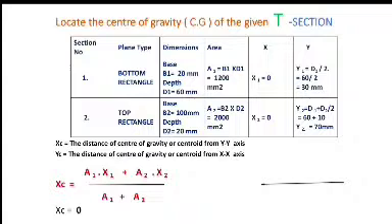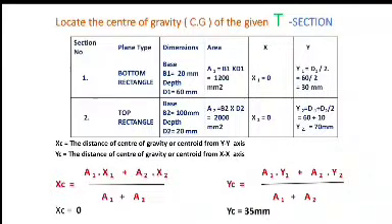By substituting the values, you can get the answer x equal to 0. In a similar way, yc equal to a1 y1 plus a2 y2 by a1 plus a2. We can get the answer. Here the answer is yc equal to 35 mm.